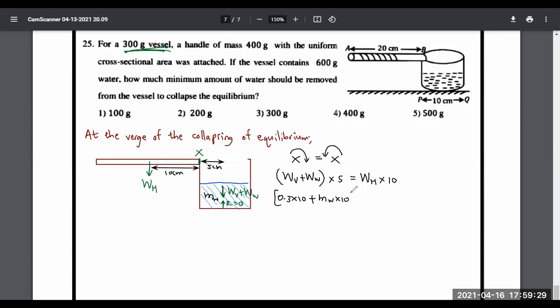Equal to weight of the handle. Mass of the handle is 400 grams, that is 0.4 kilograms. This is 0.3 kilogram. That's 0.4 and 0.3 only coming here. 0.4 kilogram into gravitational acceleration to get the weight, into 10. Okay, so I didn't have to put that 10. It's going to get cancelled off anyway.